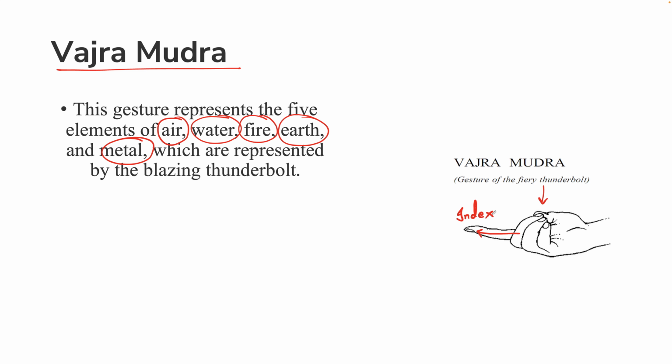The thumbs are crossed over one another with the right thumb placed over the left thumb. Mostly this mudra is used in Tibetan Buddhism, and this is associated with the deity Vajrasattva, who is believed to embody the qualities of purity, clarity, and transformation.